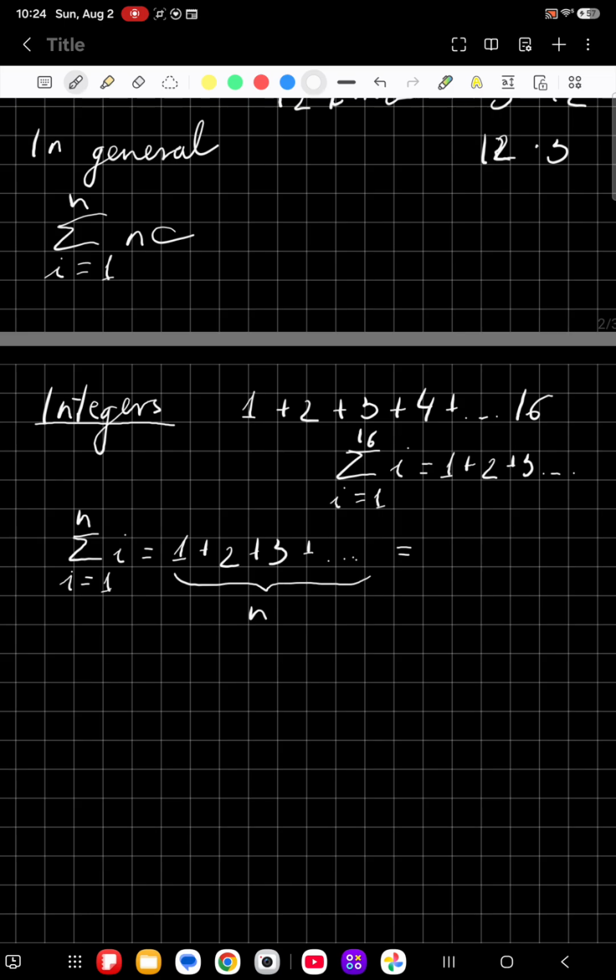Normally there's a formula, and in calculus 2 you will learn where this formula comes from. But if I have, say, 251 first integers that I want to add, it would take quite a long time.